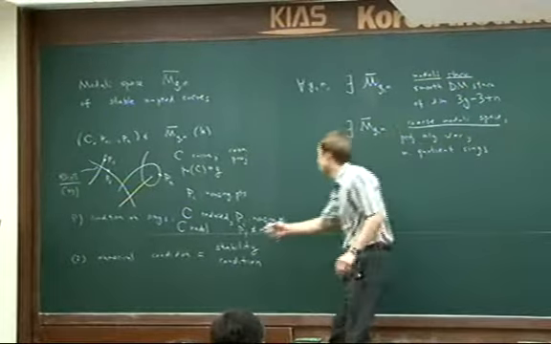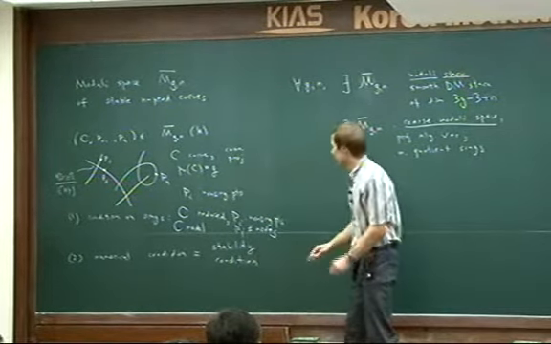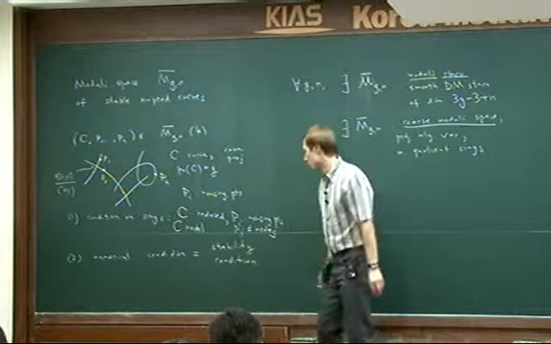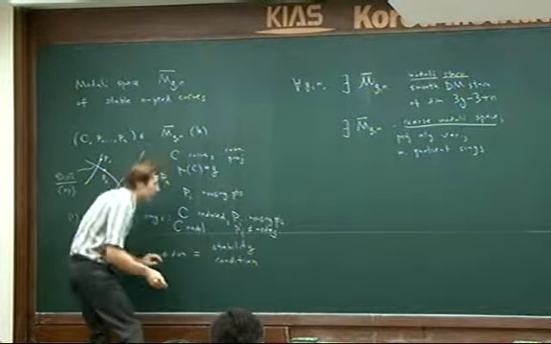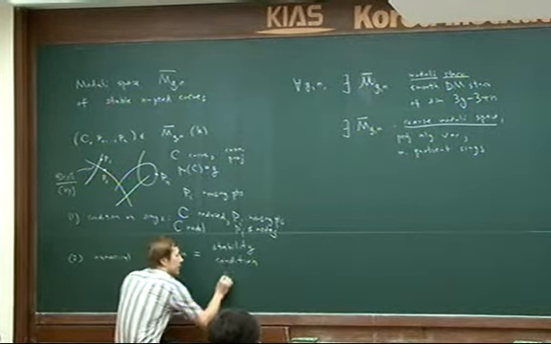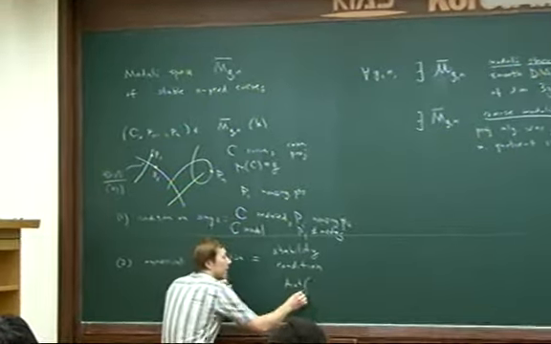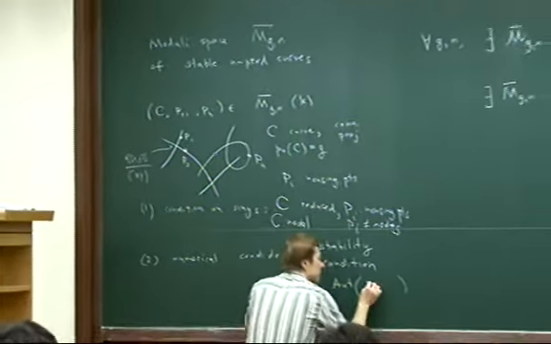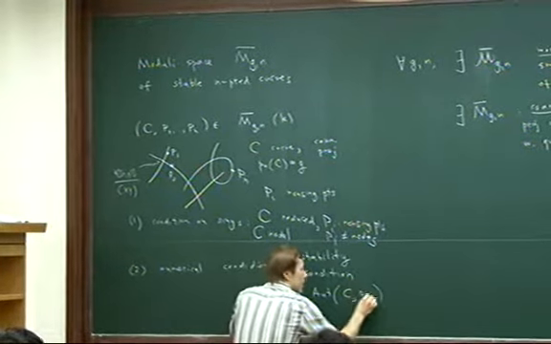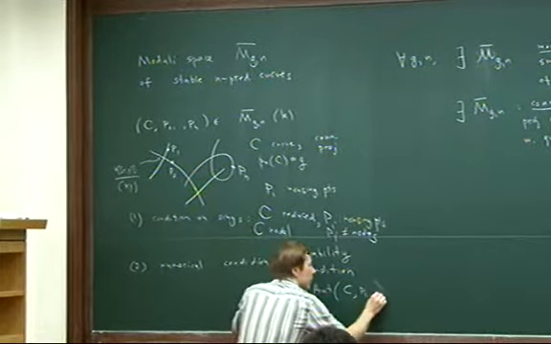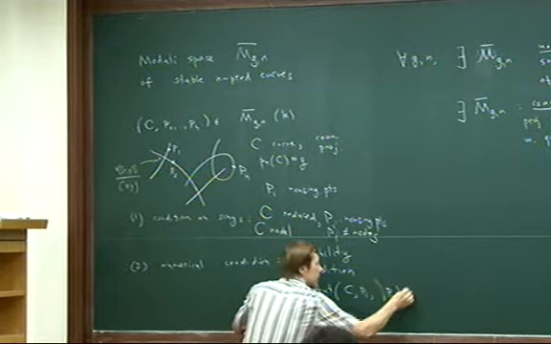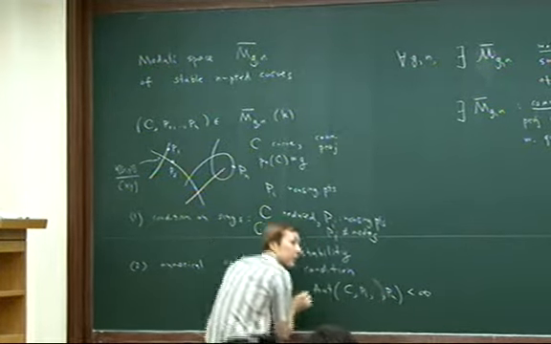And the stability condition, the way it's normally or very frequently stated, says that the group of automorphisms of this pair, C with P_1 through P_n, has to be finite.